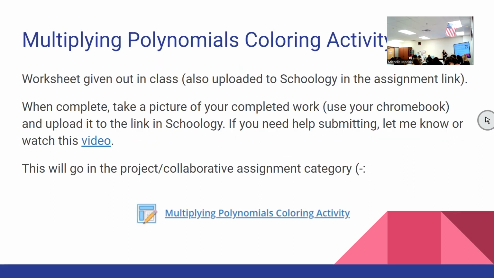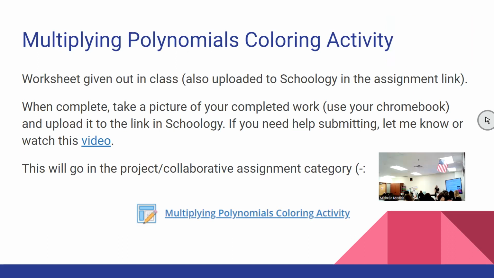Reminder. So that coloring activity that you did yesterday, I wanted to make sure that I had down what you completed. Because if you lose it, you technically would have to start over. It's counting as a project grade. There's only one other thing in the project category right now, that's your unit 5 binder check.